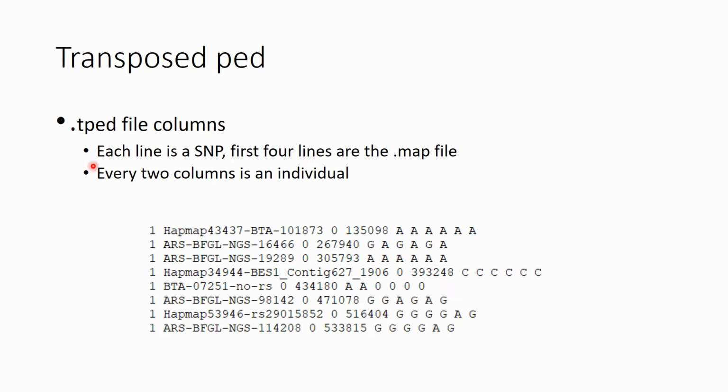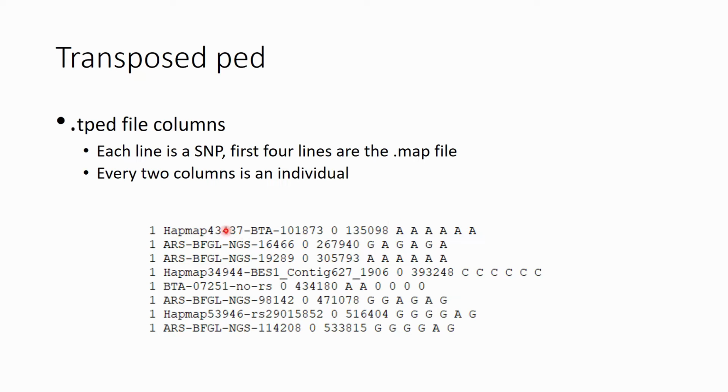So anyway, what we see here, each line in this tped file is a SNP. So you have as many lines in a tped file as you have SNPs. The first 4 columns of the tped file are basically the map file. So you have the chromosome, the SNP name, the Morgan, and the SNP position. And then each 2 columns after that are the genotype for the respective animals or individuals.